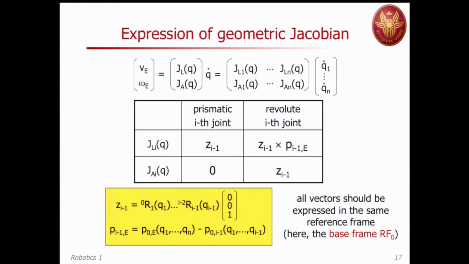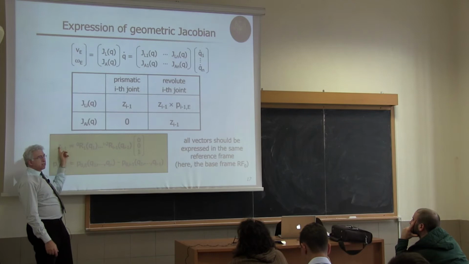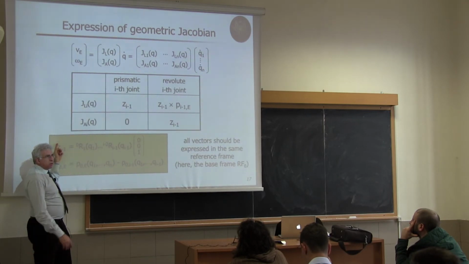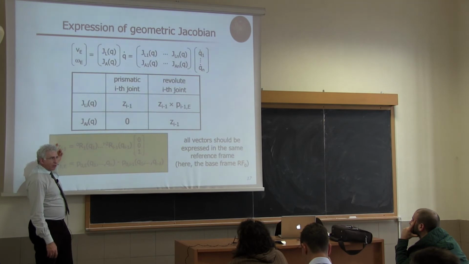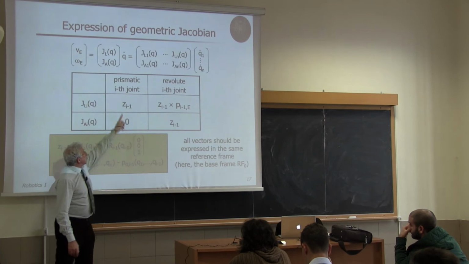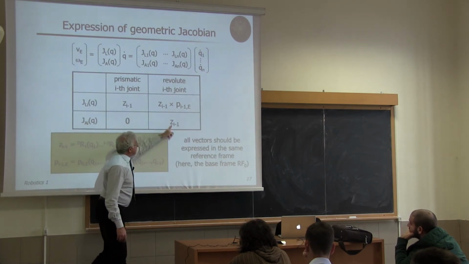How do I do it? By rotation matrix. So I express this in frame i-2, then in i-3, back to frame 0. So I have this z_{i-1} superscript 0, which I don't write because now the convention is clear. Okay, and I see here the dependence on q's in this term, and then in this term, and in this term.